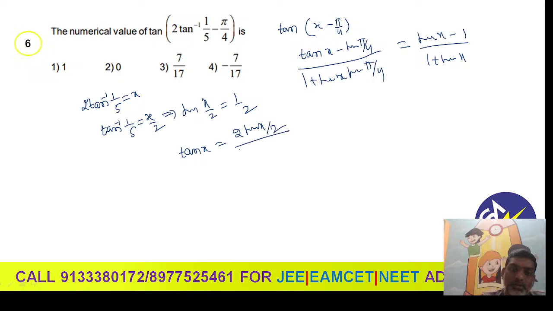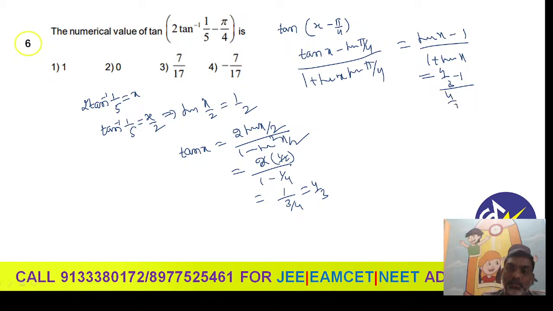So let us write tan x is equal to 2 tan x by 2 divided by 1 minus tan square x by 2. So 2 tan x by 2, what is tan x by 2? 1 by 2. 2 gets cancelled. 1 minus 1 by 4, so 1 minus 3 by 4 could be equal to 4 by 3. So 4 by 3 minus 1 divided by 4 by 3 plus 1. 4 minus 3 is 1, so 1 by 3 divided by 7 by 3.